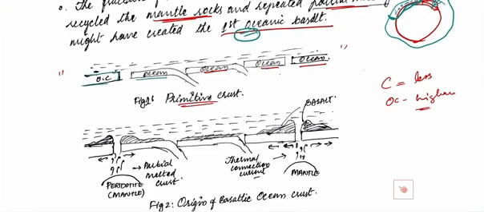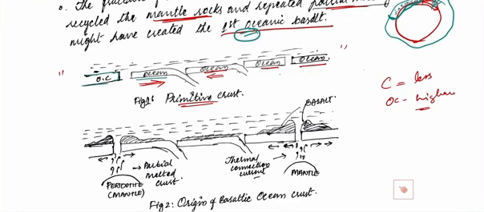Here what happens is, due to some force acting on it, these plates move towards each other. This is due to compressional force acting on the plates. So in oceans also there will be different kinds of density.